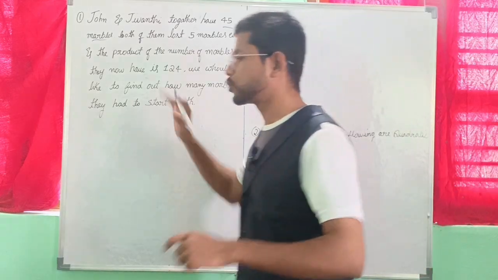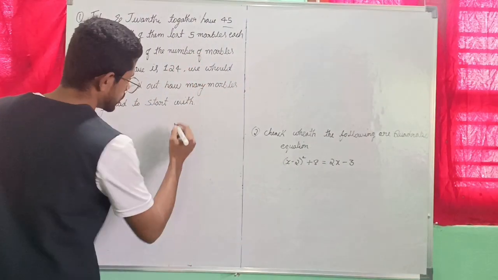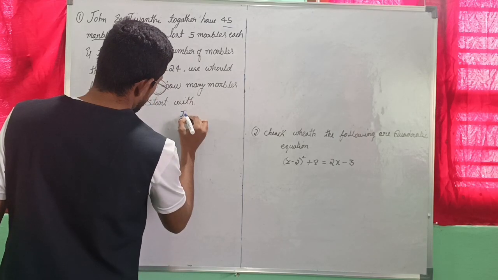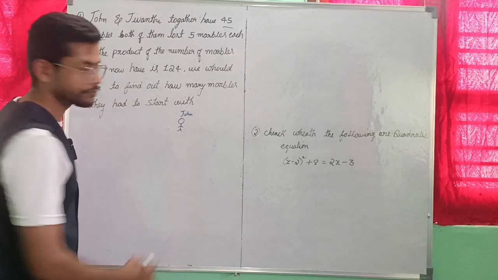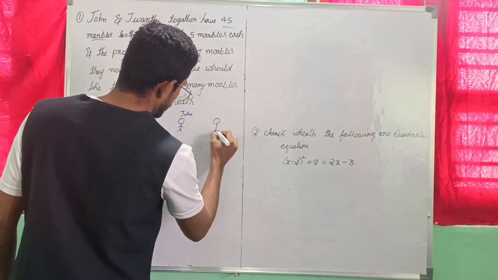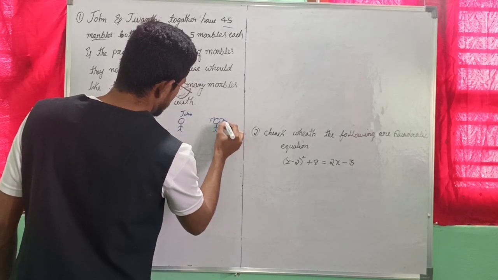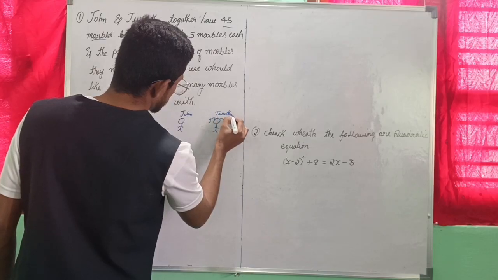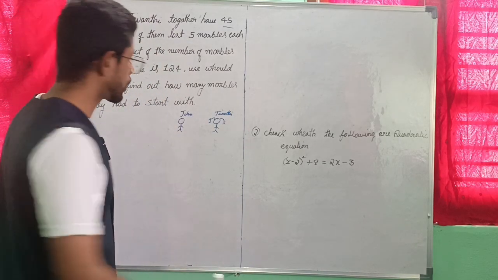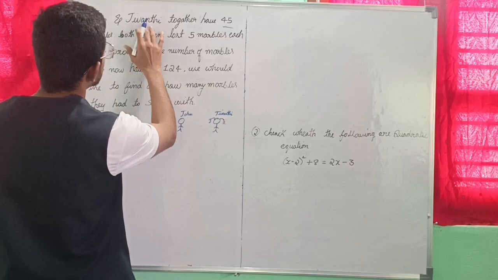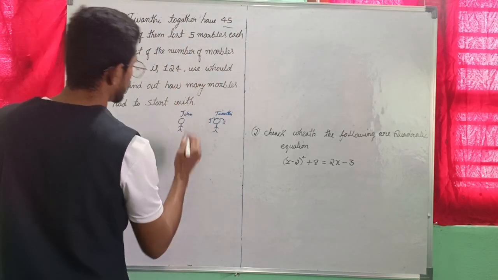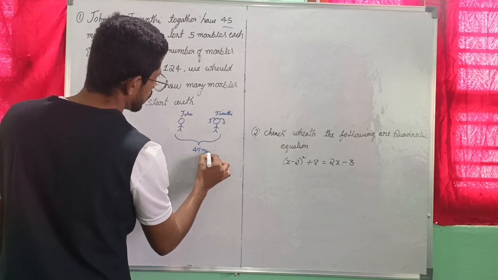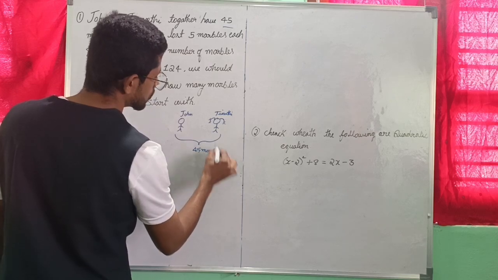Here there are two persons, the first one is John and Jivanti. John and Jivanti together have 45 marbles.